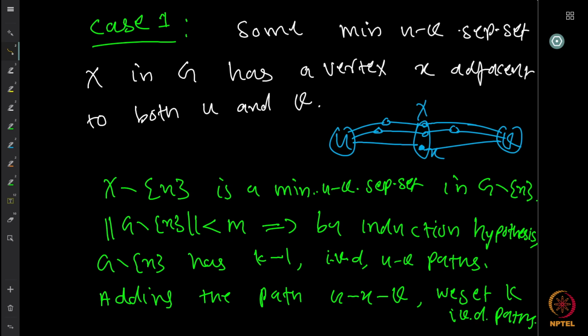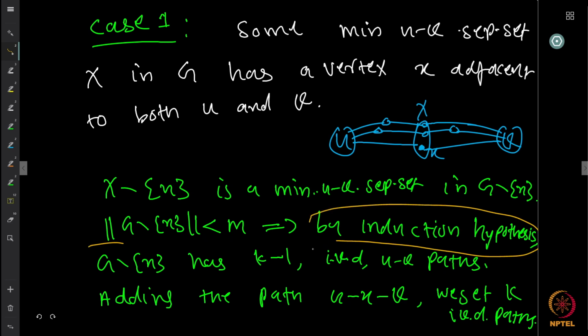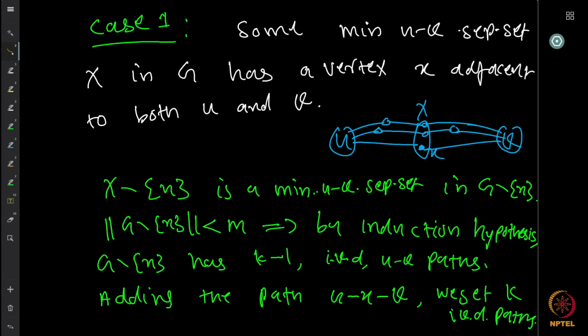But the point is that G minus x has at least two edges less, so I can use induction because the number of edges is less. I am inducting on the size of the graph, which is the number of edges. So if the size of G minus x is strictly less than m, this implies that we can use the induction hypothesis. So what is the induction hypothesis? If the number of edges is strictly less, then the result holds.